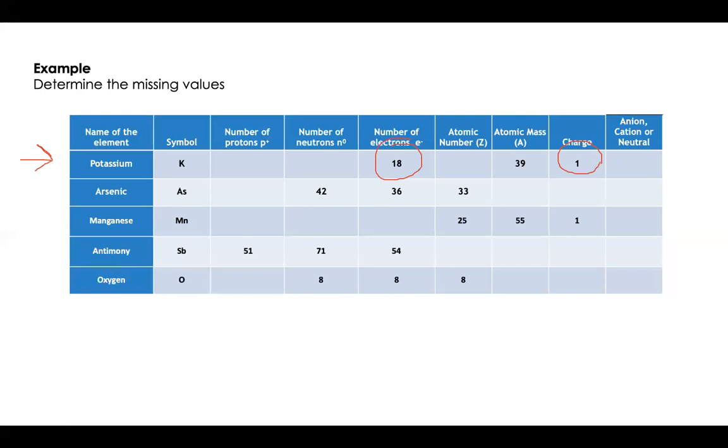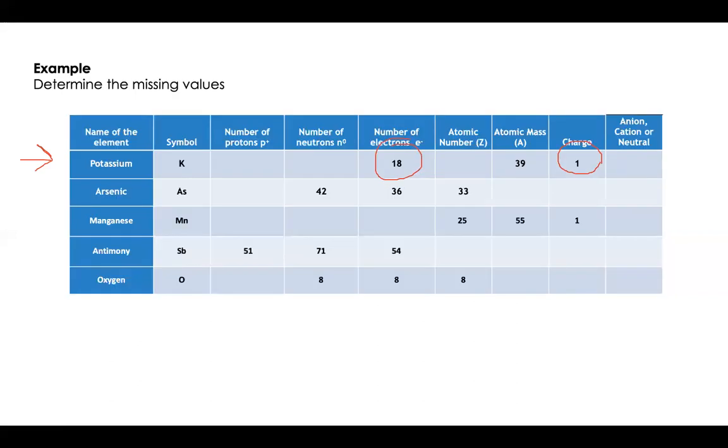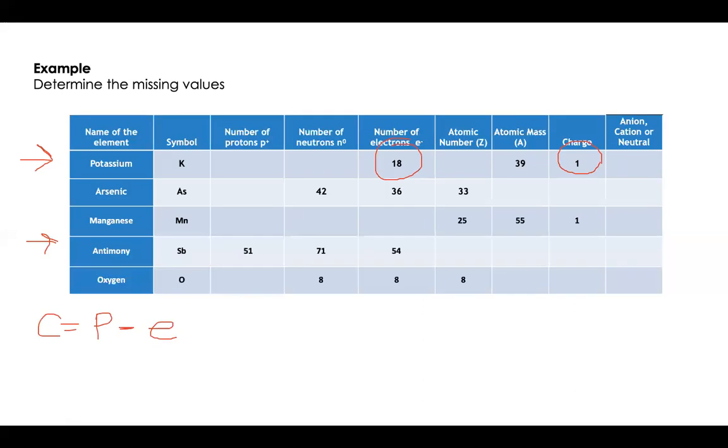So we have from the previous formulas in the previous slide, okay, that charge is equal to protons minus electrons, okay? We get it from this equation, okay? So since in this example of potassium we have a charge of 1, let me just write it, we have 1, it's equal to the number of protons minus the number of electrons that we have here, which is 18.